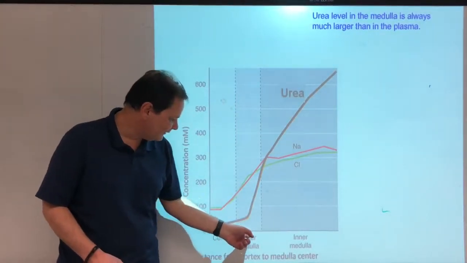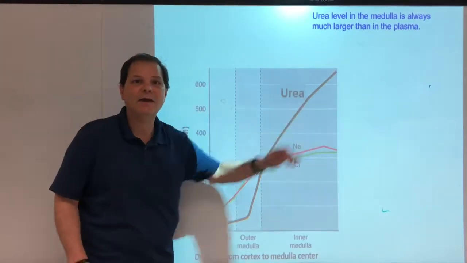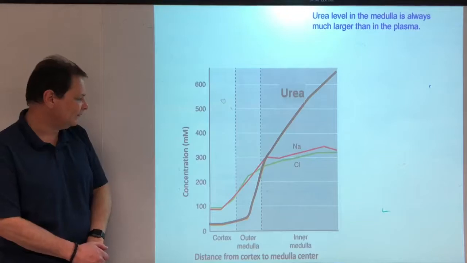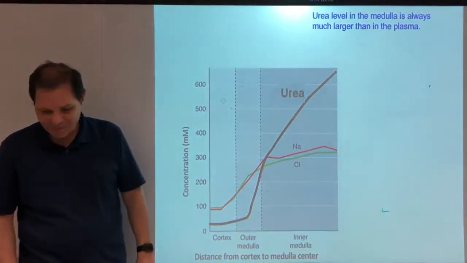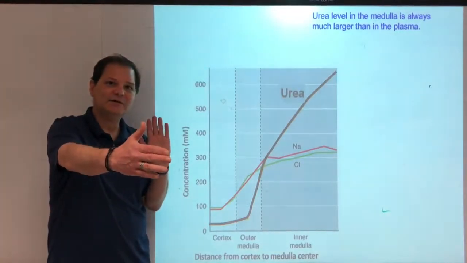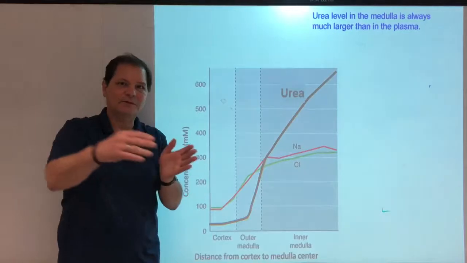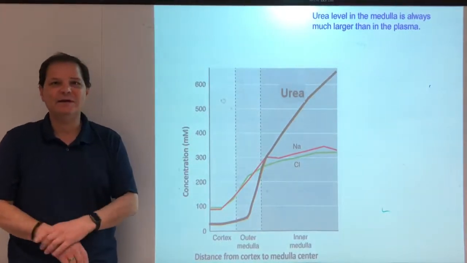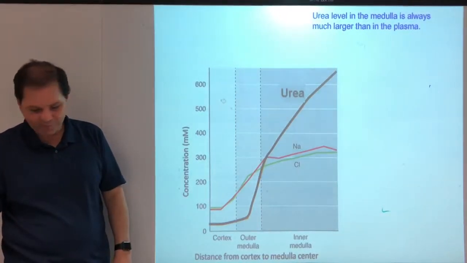As we go from the cortex to the inner medulla, you can see it increases a lot, okay? So a high urea concentration is maintained in the renal medulla, and that makes for a high concentration on the outside of the loop of Henle relative to what's inside the loop of Henle. And so urea is transported down its gradient transcellularly into the loop of Henle.